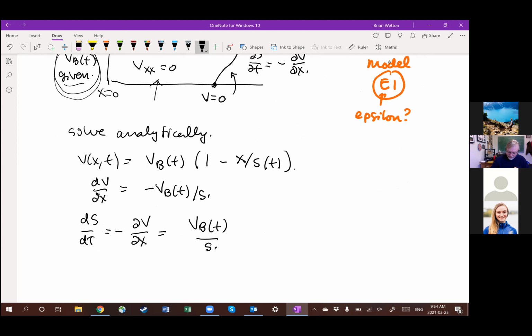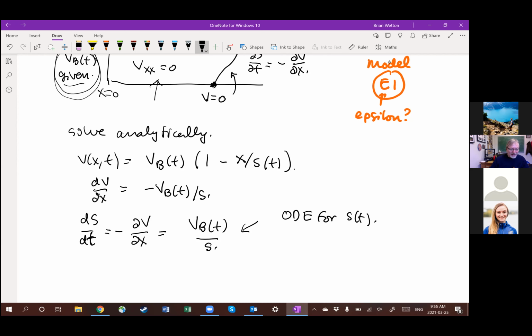And so let's notice this is just an ODE for s of t. If you had any kind of reasonable given function VB of t, and initial conditions for the interface, you could solve this because it's separable.